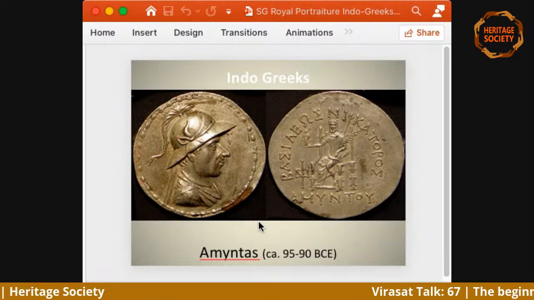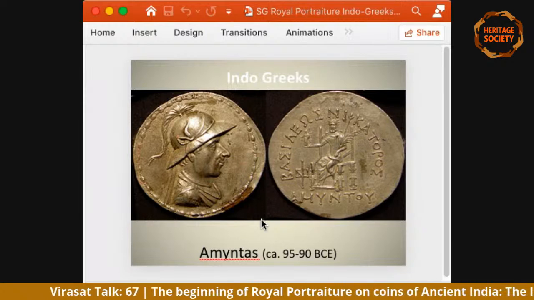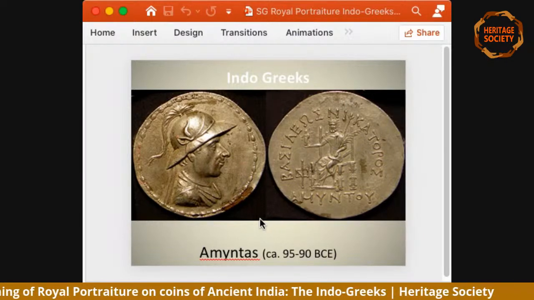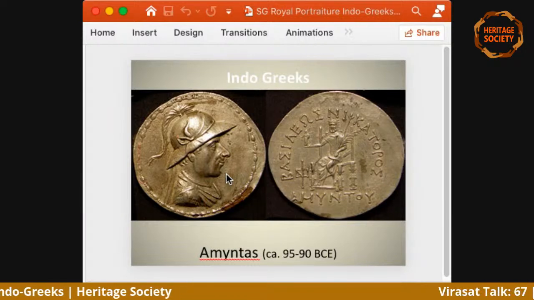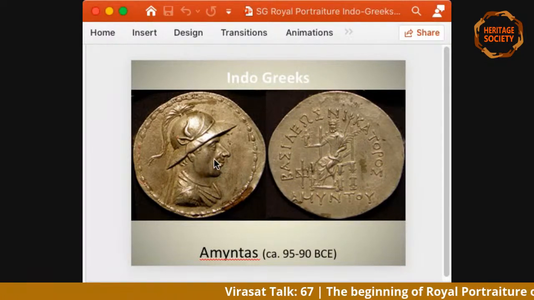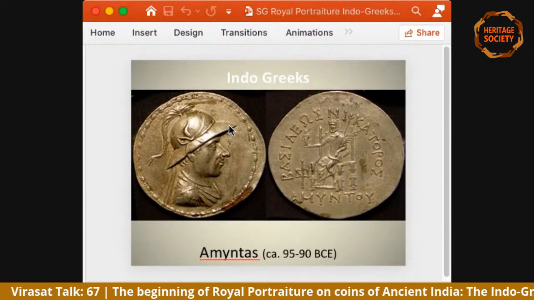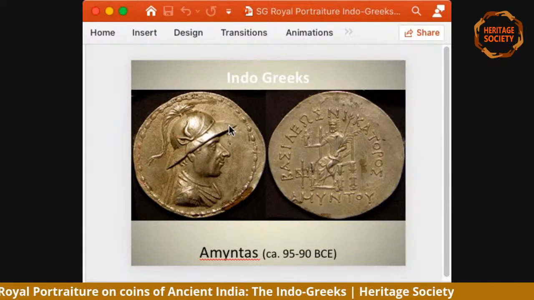A coin of another Indo-Greek ruler, Amyntas, where you can see the portrait of the king, which is supposedly smiling. You can see that the portrait of the king has been shown as if he is smiling. So it's another depiction.